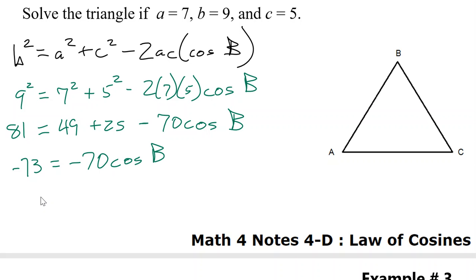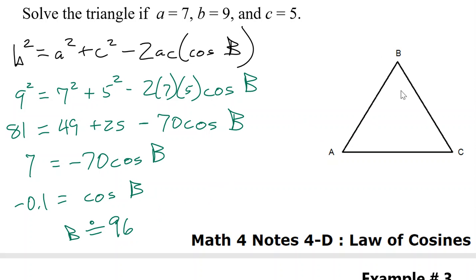No. Sorry, I screwed up something. It is not negative 73. That is 74. Taken away from 81 gives me 7. And when I divide by negative 70, I get negative 1/10. And when I punch that in, second cosine negative 0.1, I get 95.7, might as well call it 96 degrees.